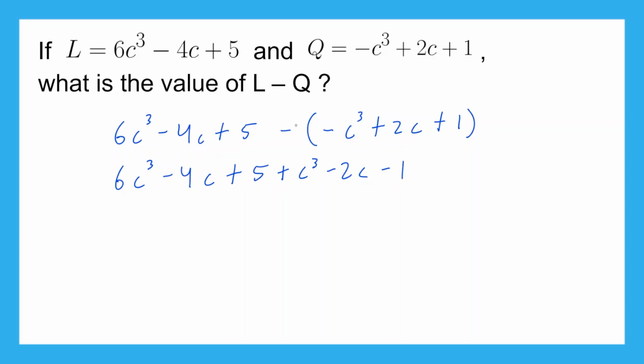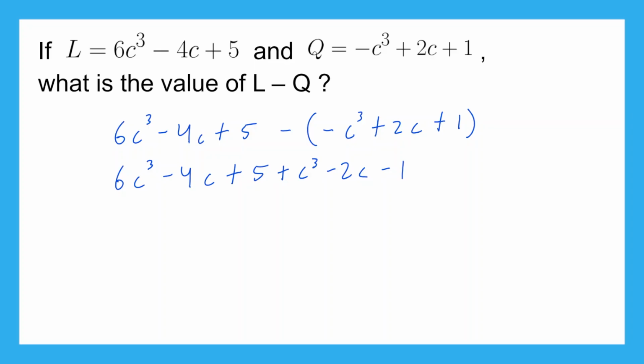Because if we have a negative 1 times this negative 1, that'll give us the positive, right? And then if we have a negative 1 times a positive 2, it will be a negative 2, so there's the negative, right? And then if we have a negative 1 times this positive 1, that will give us a negative 1, which we have right here.